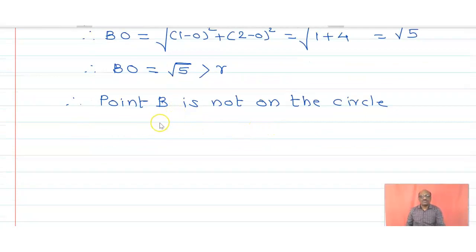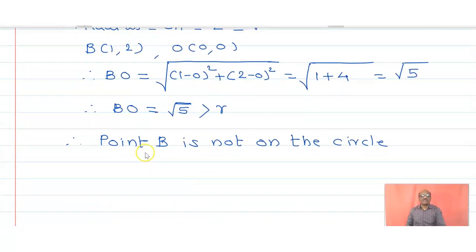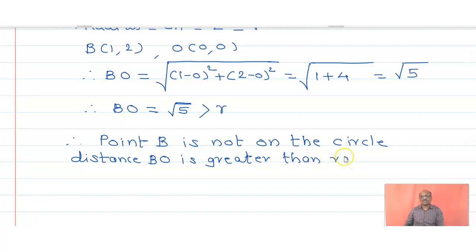It is not on the circle. आपल्याला प्रश्न फक्त तेवढाच विचारलेला आहे. Not on the circle because its distance BO is greater than the radius of circle.